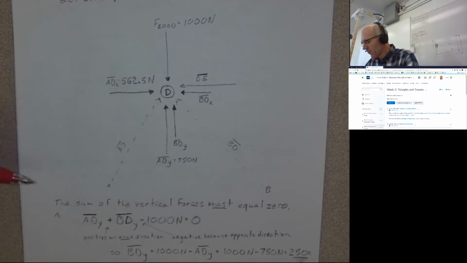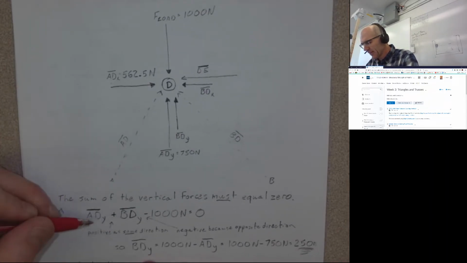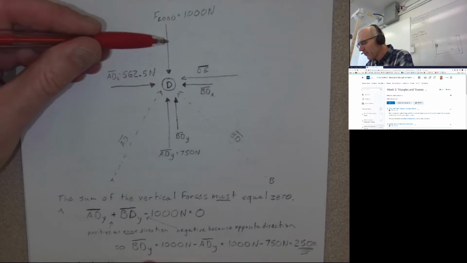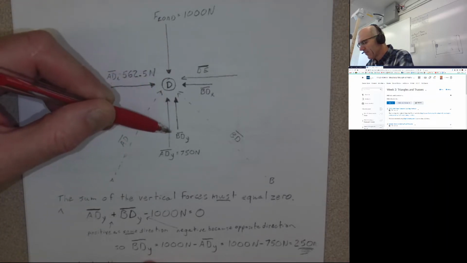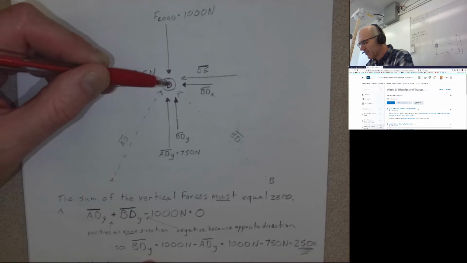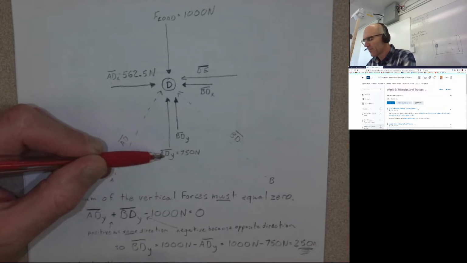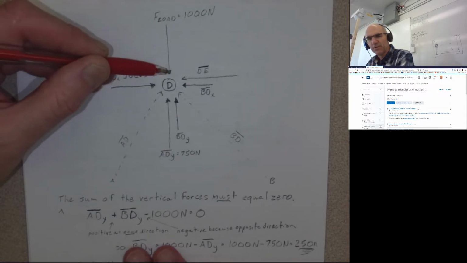So let's just look at our y components, and you can see that there's only three things acting in a vertical direction on this node. We've got ADY, which we already know is 750 newtons. We've got the force of the load, which is 1,000 newtons.